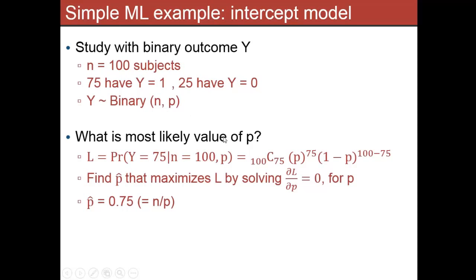Well, what you could do is write this out as a probability problem. Here is the binomial distribution. Remember this? The number of trials choose the number of successes, times p to the number of successes, times 1 minus p to the failures. Is this familiar from the binomial distribution from a year ago, last fall?